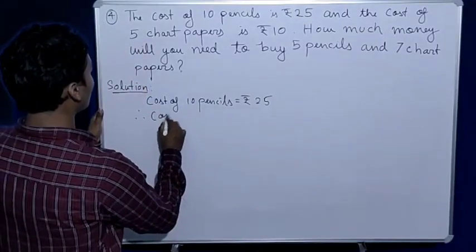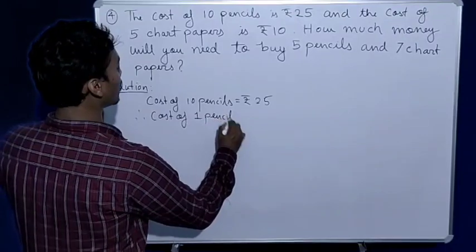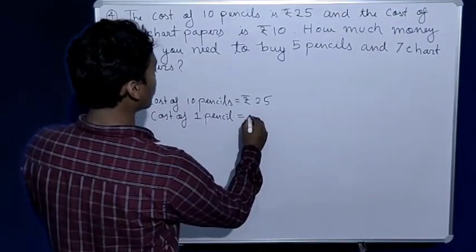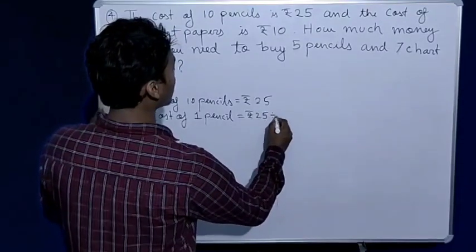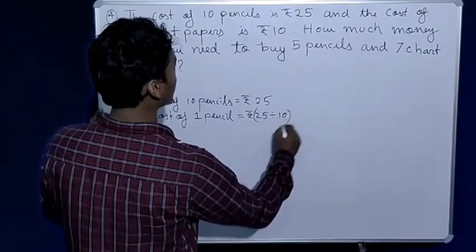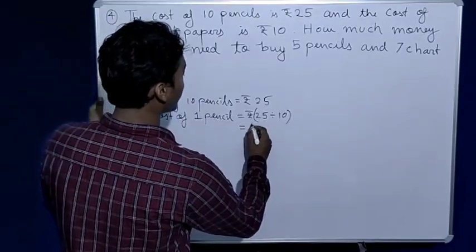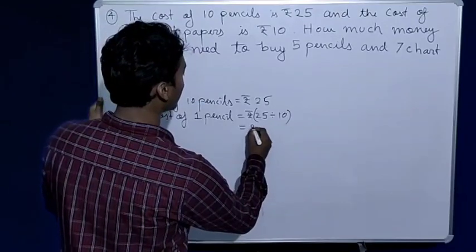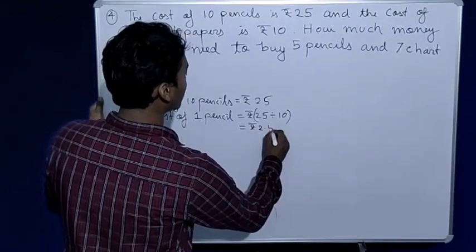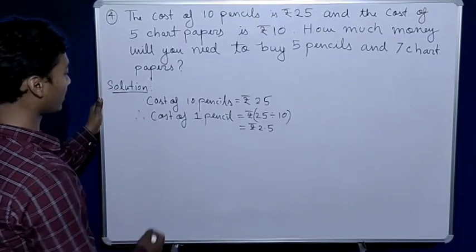Therefore, the cost of 1 pencil will be equal to rupees 25 divided by 10, right? So it is 25 by 10, or let's divide it and write it as 2.5. So rupees 2.5.